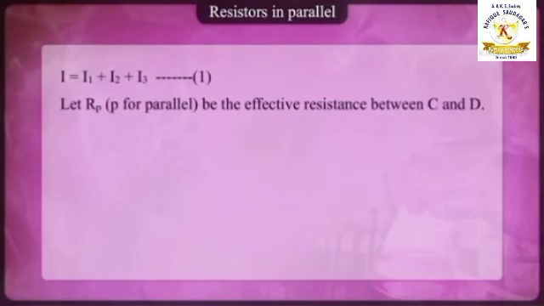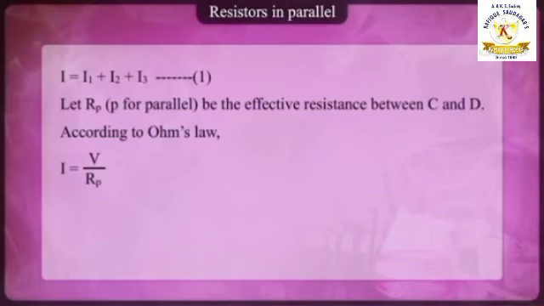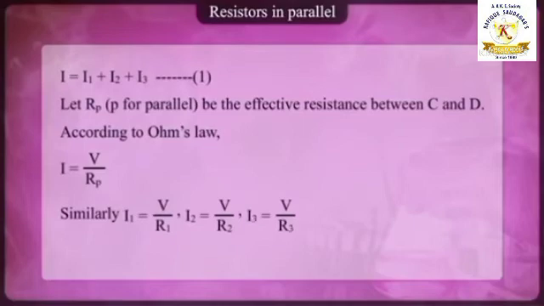Let Rp, P stands for parallel, be the effective resistance between C and D. According to Ohm's law, I is equal to V upon Rp. Similarly, I1 is equal to V upon R1, I2 is equal to V upon R2, I3 is equal to V upon R3.